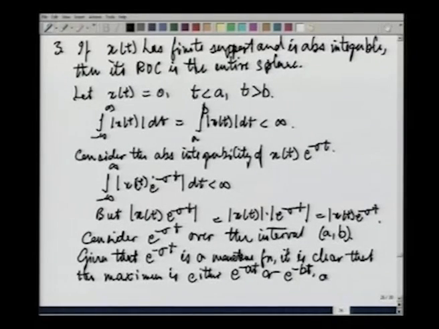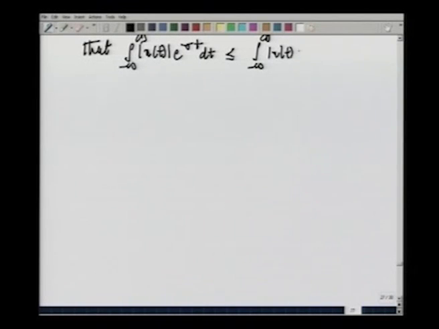And thus that integral from minus infinity to infinity of mod x(t) e to the minus sigma t dt is less than or equal to the integral from minus infinity to infinity of mod x(t) times max of e to the minus sigma a, e to the power minus sigma b, dt.